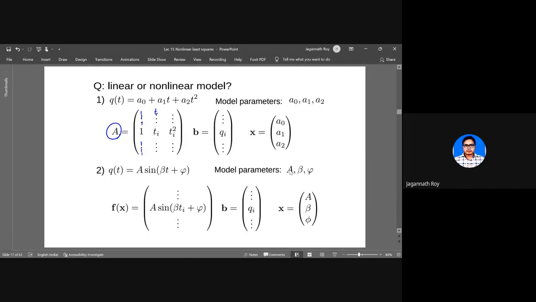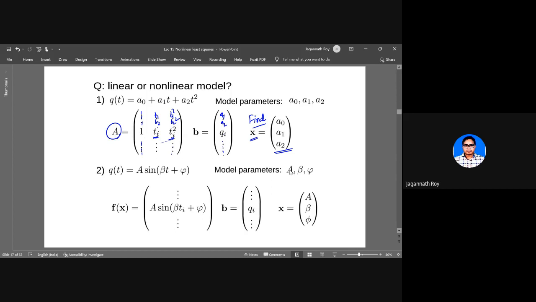These values are given, the xi values, Ti squares. So the unknowns are a0, a1, a2. The values T1, T2, Ti, T1 square, T2 square, and so on are given. The Qi values, Q1, Q2, are also given. The task is to find these values.